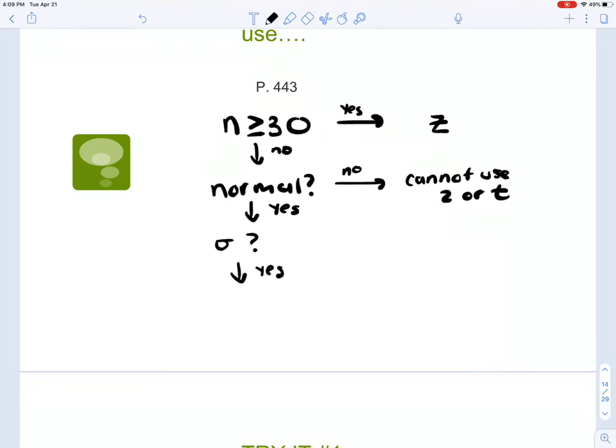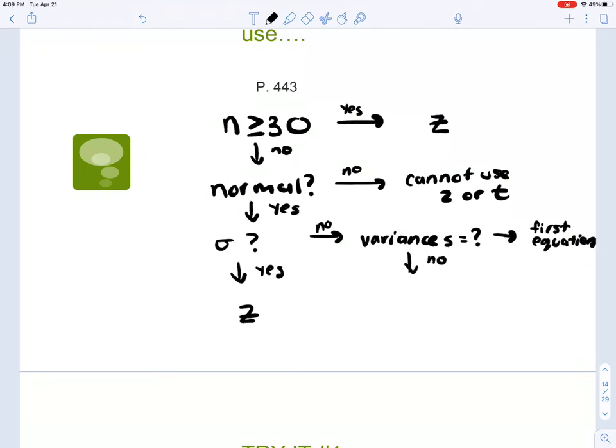If it's yes, you can use your z. If it's no, are your variances equal? Then you're going to plug it in to the first equations we had on the left side.